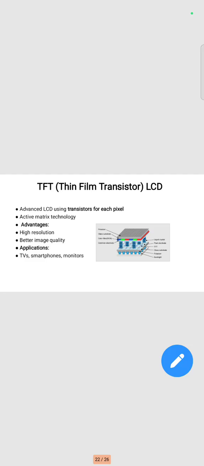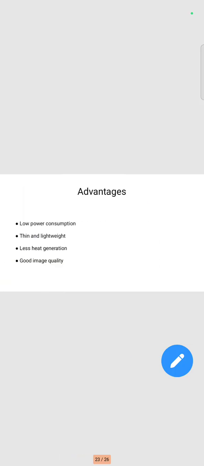Okay. Then advantages. See the advantages: low power consumption, thin and lightweight, less heat generation, good image quality. These are the advantages of LCD. Then disadvantages.